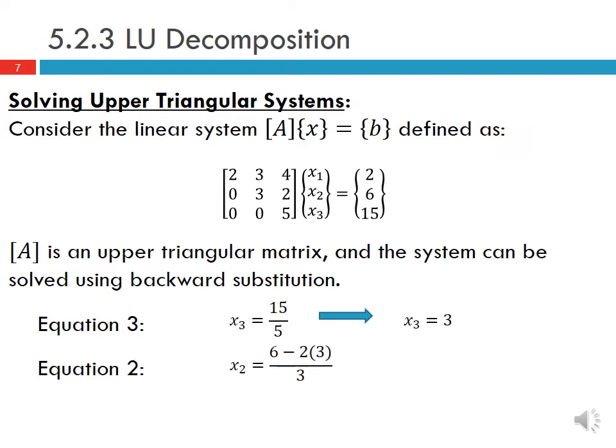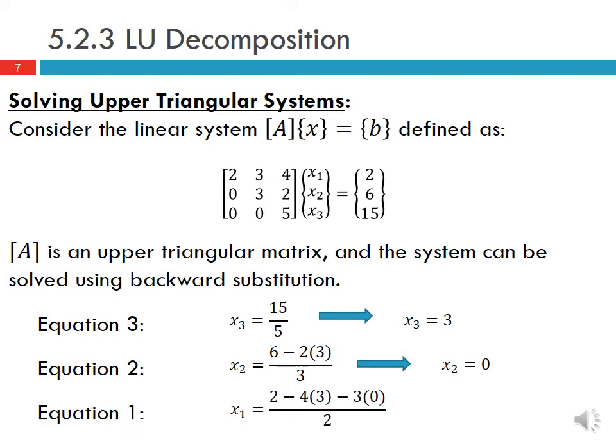Then we move up. Equation 2: x2 is equal to 6 minus 2 times x3, all divided by 3. So x2 is equal to 0. And then equation 1: x1 is equal to 2 minus 4 times x3 minus 3 times x2, all divided by 2. So x1 is equal to negative 5.